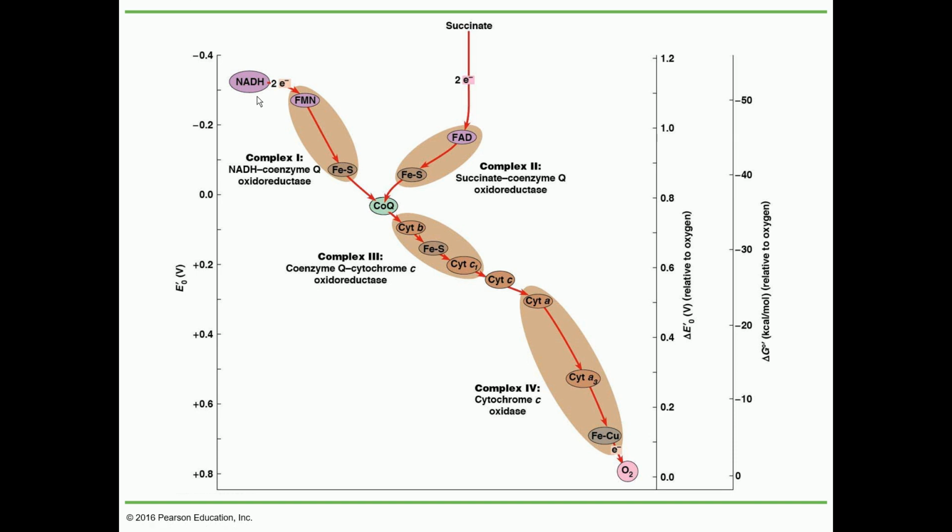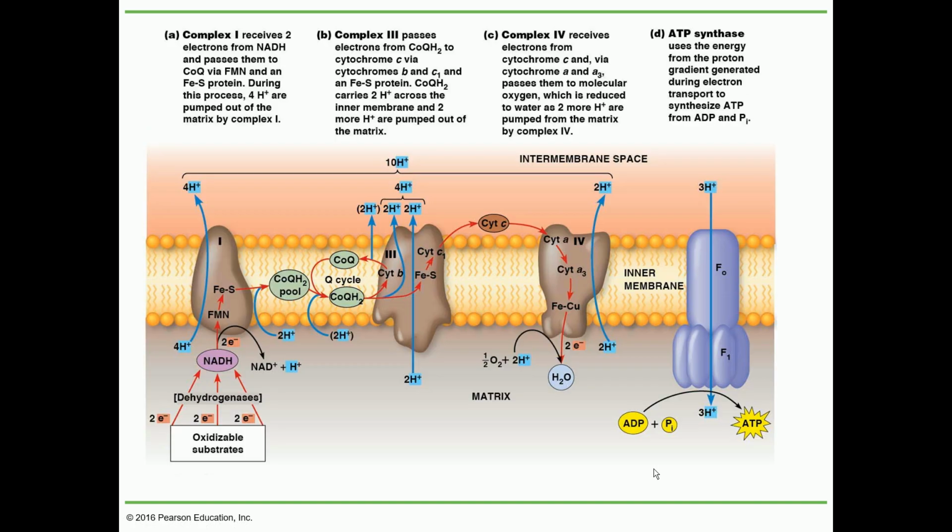So now let's see. Basically, NADH is bringing electrons and is going to deliver the electrons to the first complex, and then the electrons which are being brought by FADH2, the reduced form of FAD, are delivered to complex number 2, and after that they flow through complex number 3 and complex number 4 and eventually reach the oxygen.